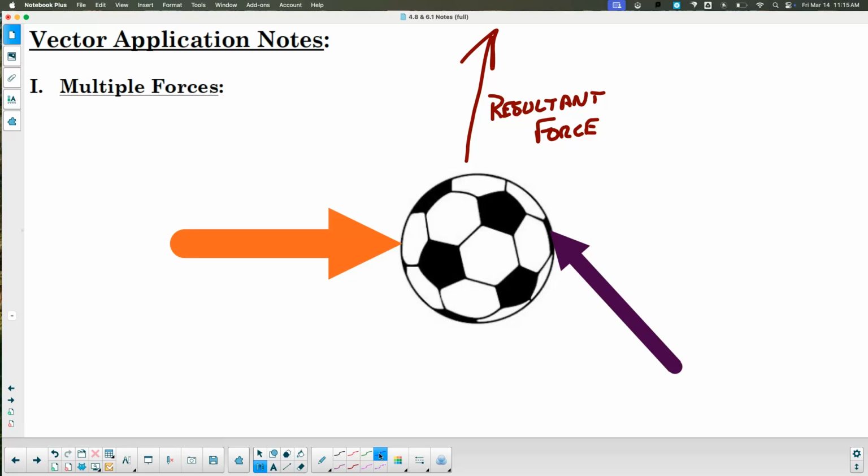Okay? So when we have multiple forces acting on an object, we're going to find the vector of the first force. Then we're going to find the vector of the second force.